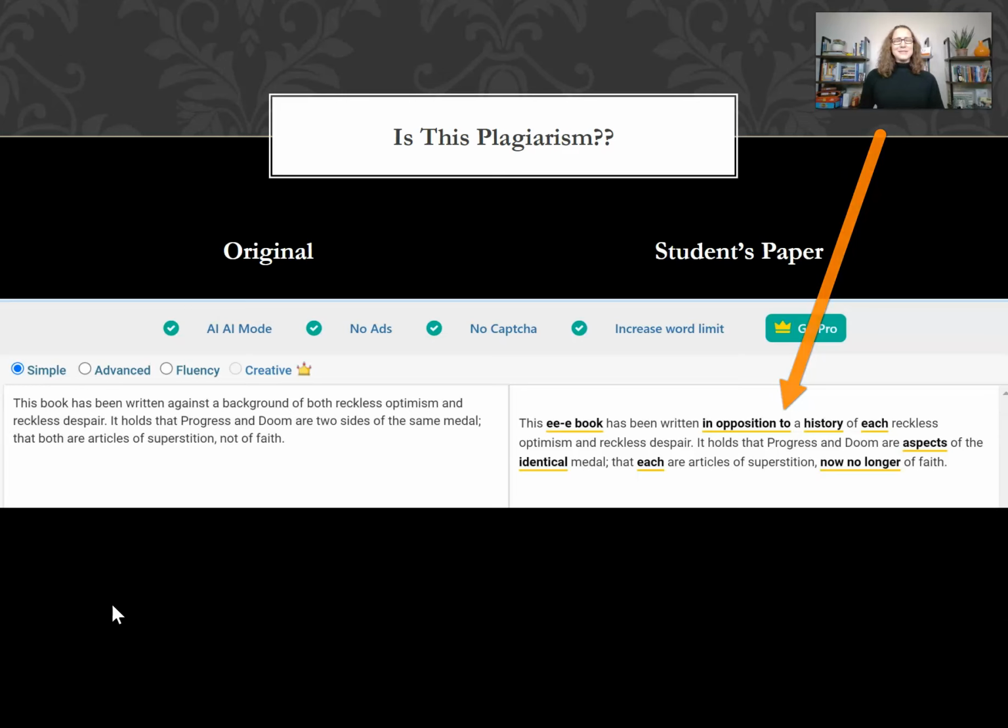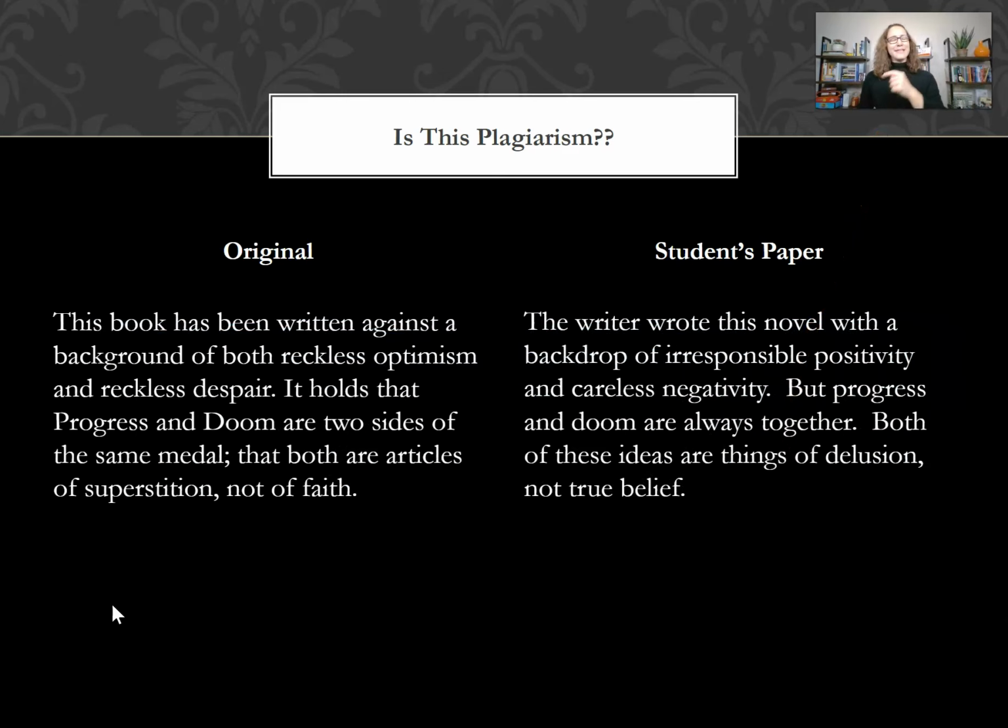The one that I had last year, parts of the paper that were used from the scrambler were not even understandable. The ideas didn't make sense. The word choice was off. And so the student had just copy pasted, must have been in a hurry, and she didn't even read through to double check that it made sense. So that's something that you might find as well.